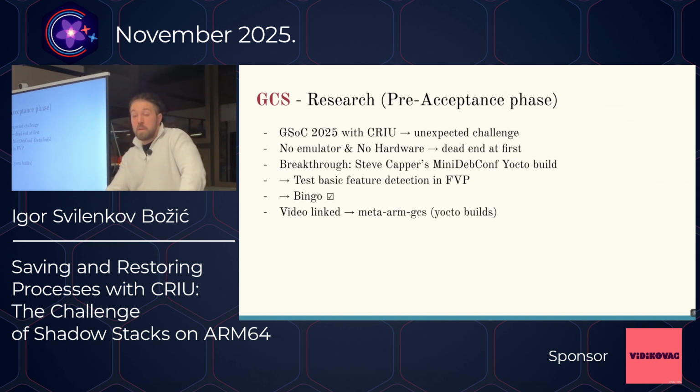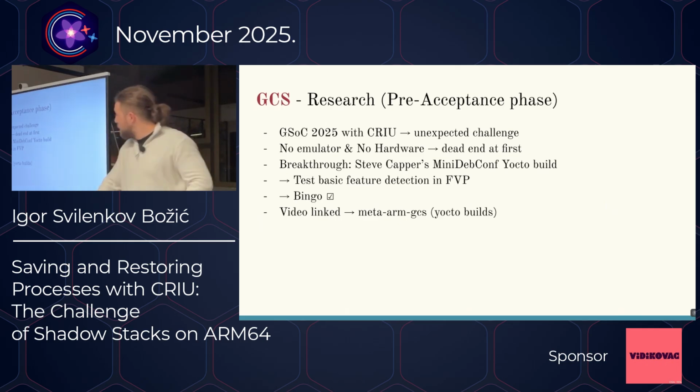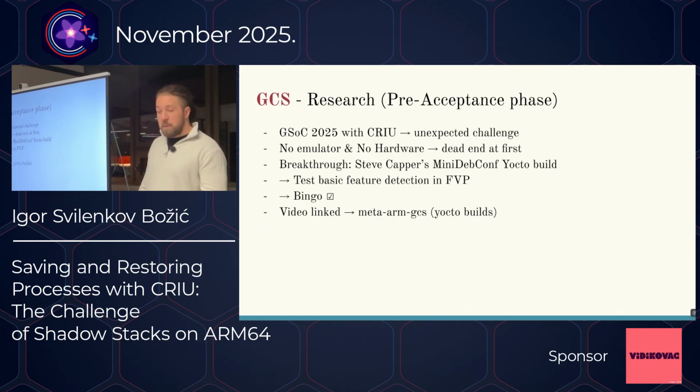But I was lucky to find this video by a guy called Steve Capras. I think he works at ARM, and at the mini-deb-conf, he presented how they run GCS in a simulator from ARM.